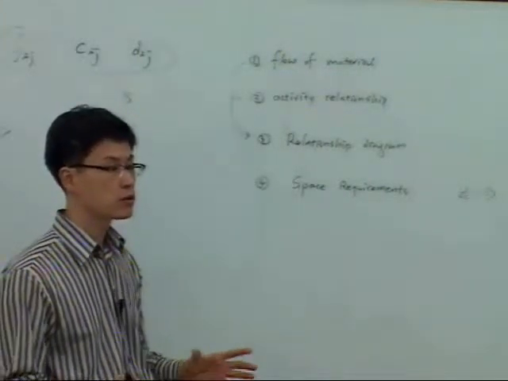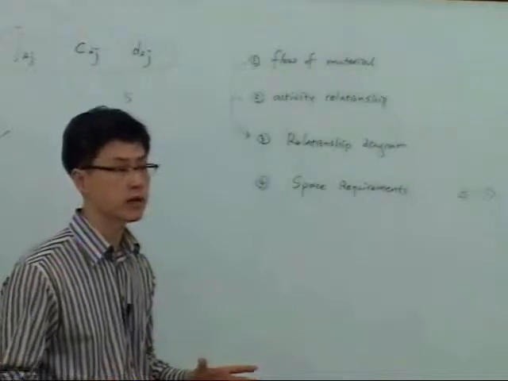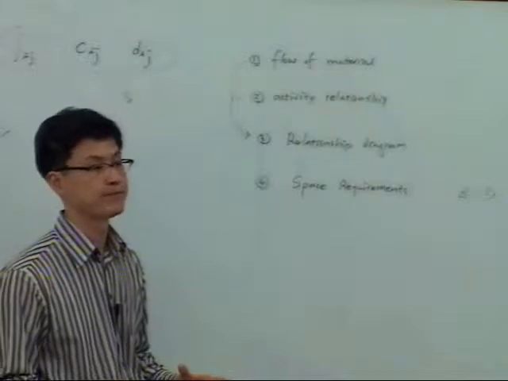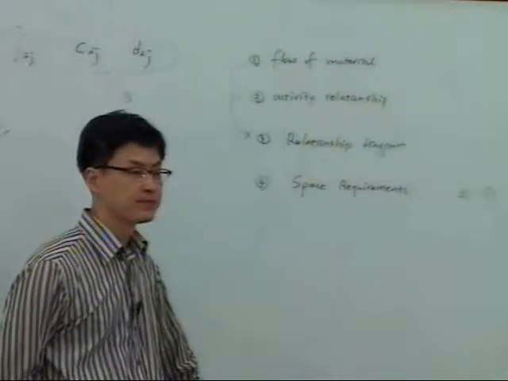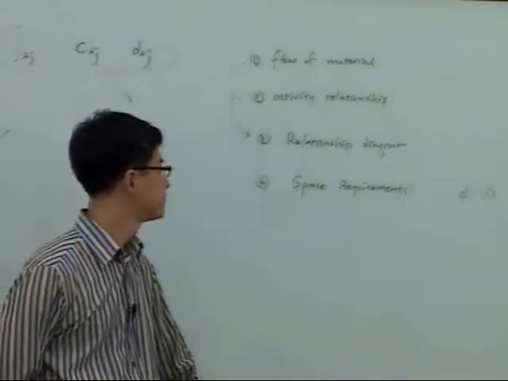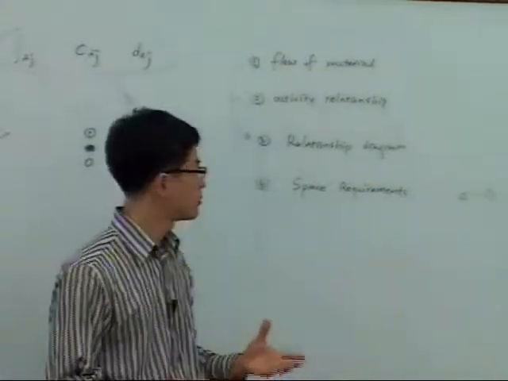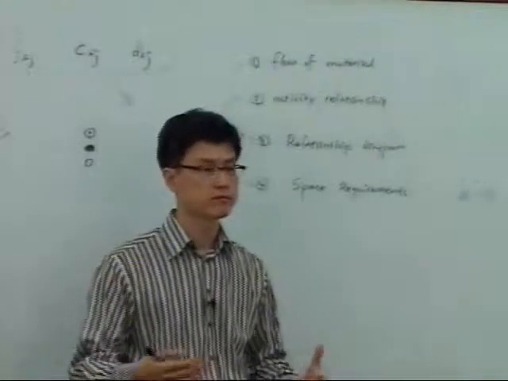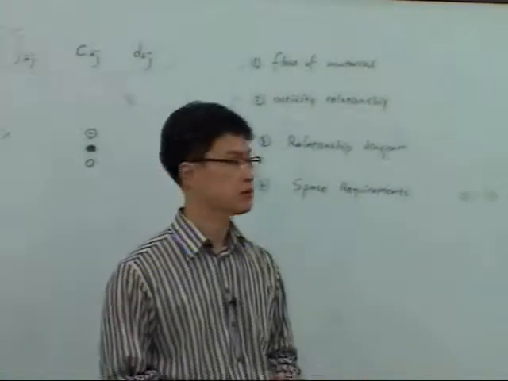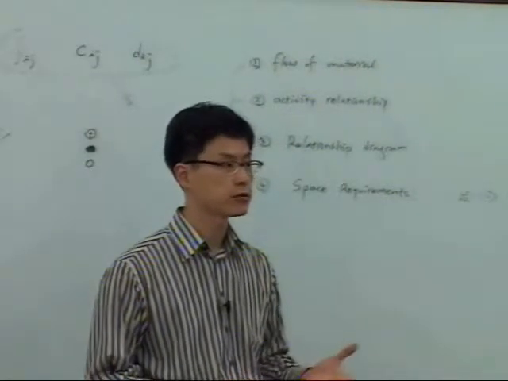But those required spaces sometimes, and in most times, are greater than your available space. What would you do? You understand my question? Based on your calculation, you require 1,200 square meters, but your available space is only 1,000 square meters. What would you do?